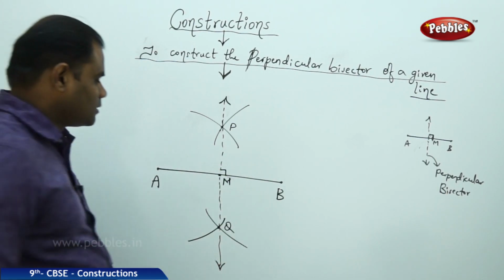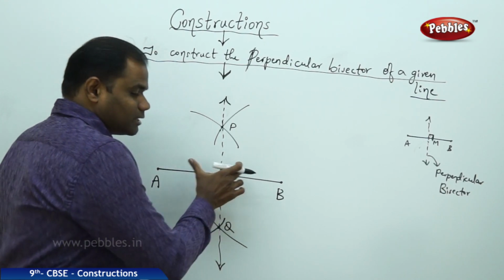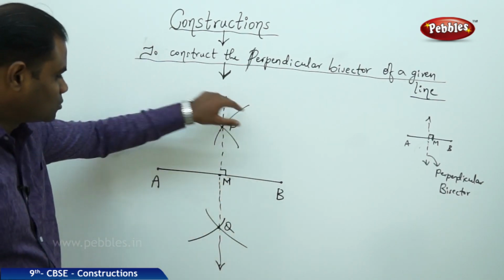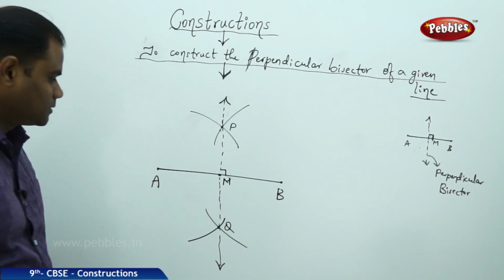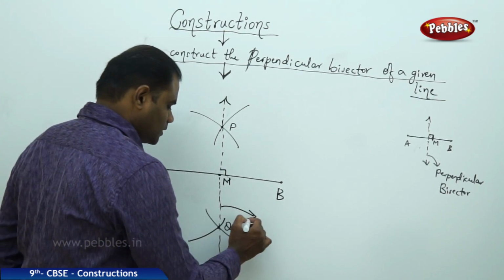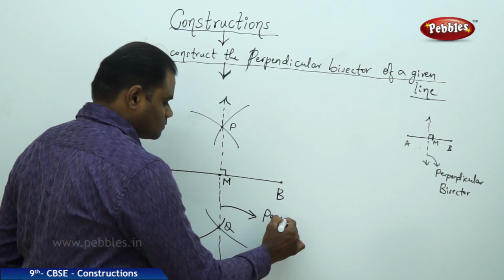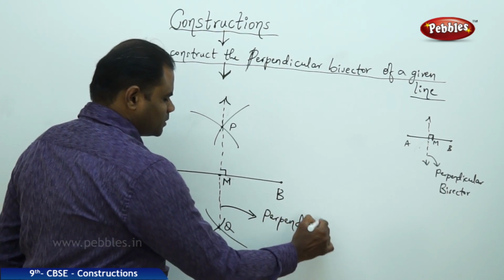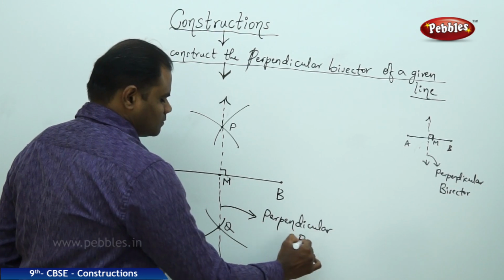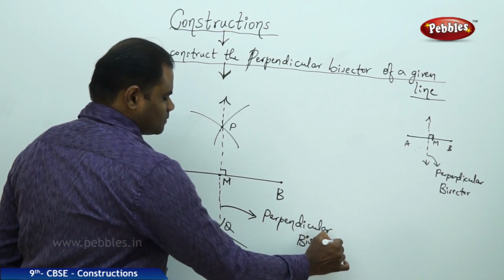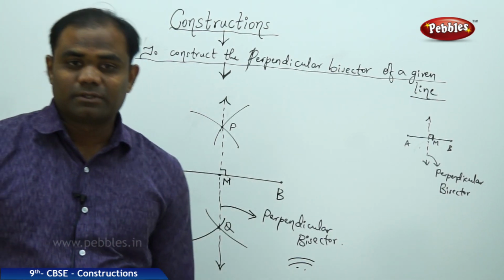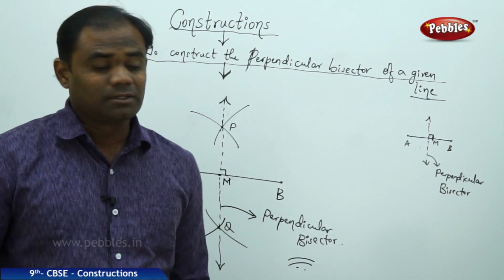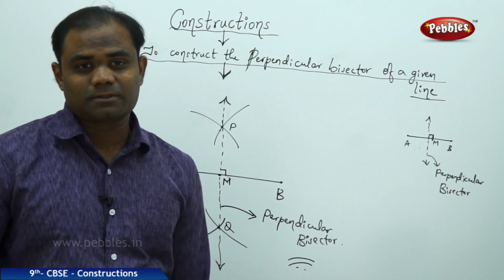Therefore, this line, obtained by taking the compass more than half and cutting the two arcs, is the perpendicular bisector. PQ is the perpendicular bisector which is obtained through the construction process.